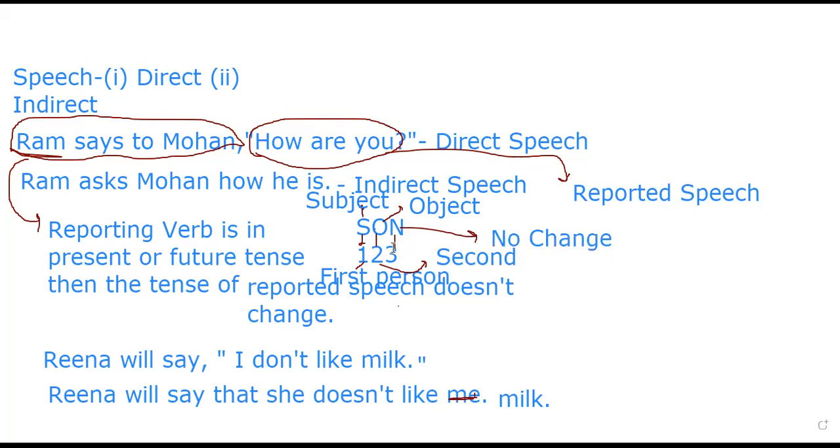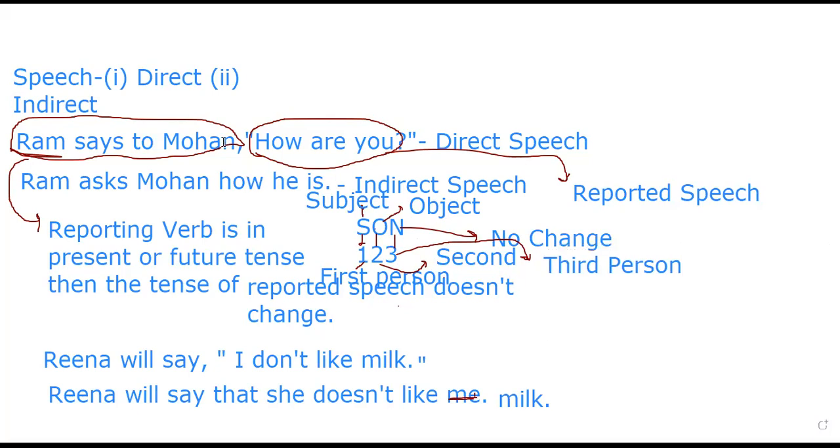And three is for third person. I have already told you what is first, second, third person, and which pronouns come under them.